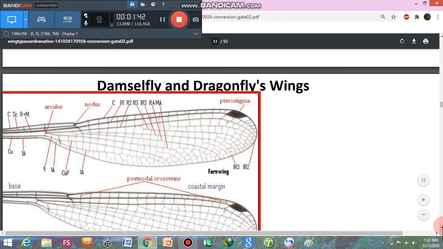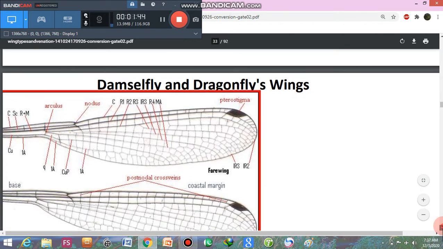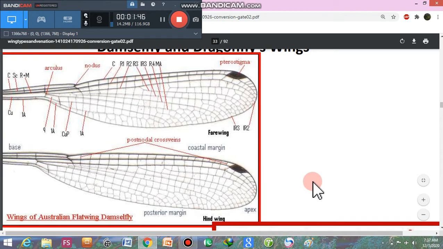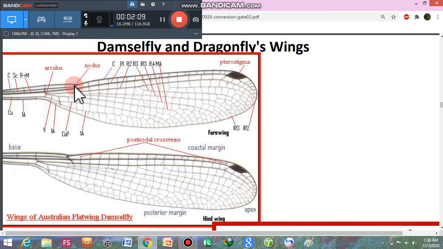This is the wing of the fly and the dragonfly. Here you can see that various veins are present: cubitus, costa, subcosta, radial plus median, arculus, nodus. Nodus is the area where the second major vein meets the anterior region.